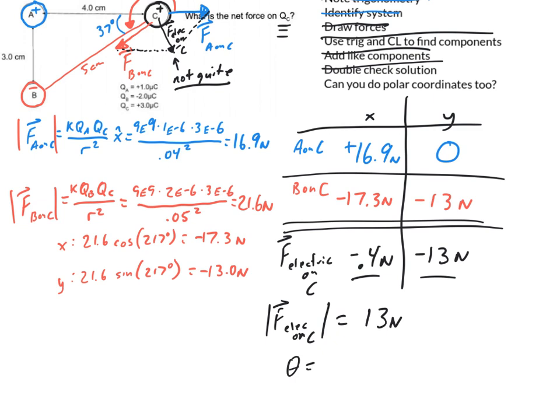It's in the third quadrant, so I'm going to have to add 180. Inverse tangent of negative 13 divided by negative 0.4. And I'm expecting something very close to 270.